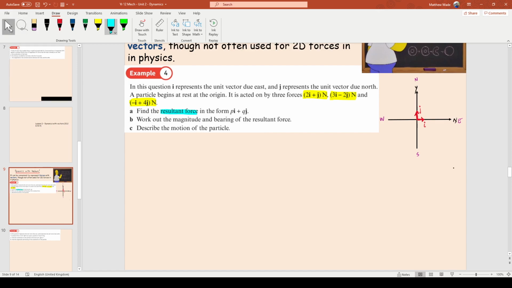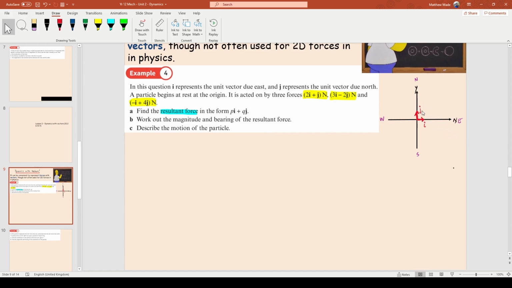Now, just as a really brief recap, that's what I put this picture here for, just to talk to you guys about. I hope that you remember what i and j are from when we did the vectors unit together, probably months ago, actually. Usually, 9 times out of 10 in maths, we just have the x direction and the y direction, which you're all really super familiar with.